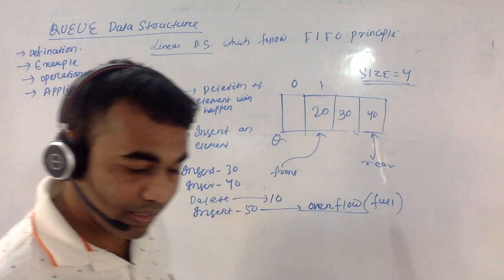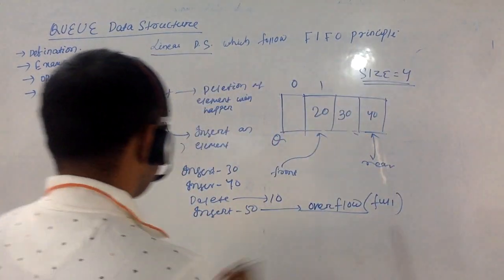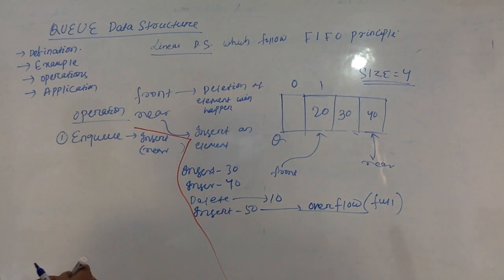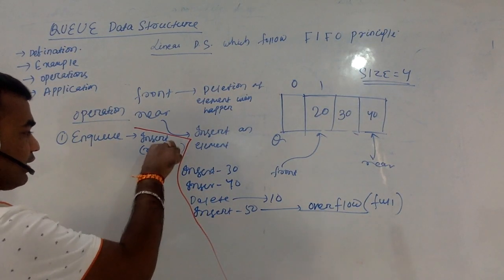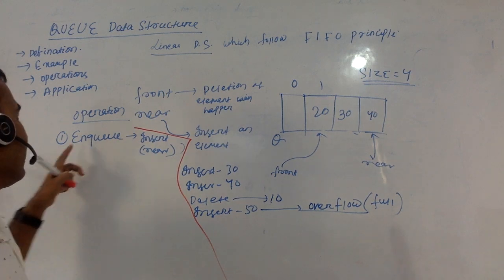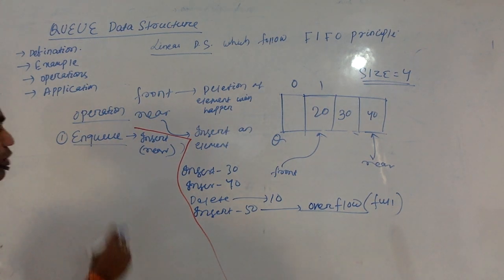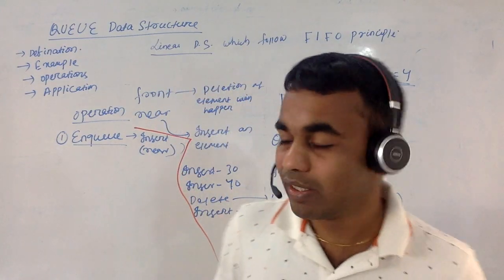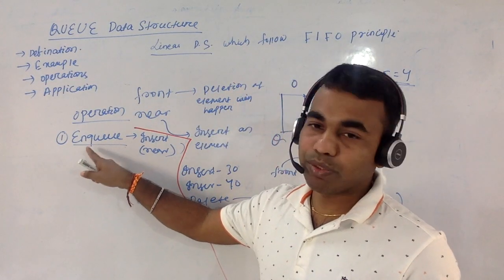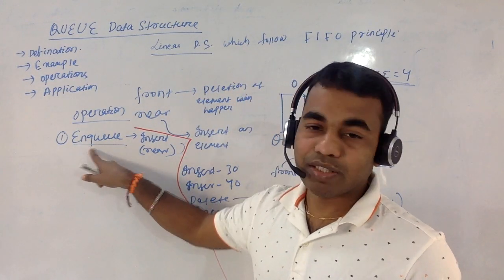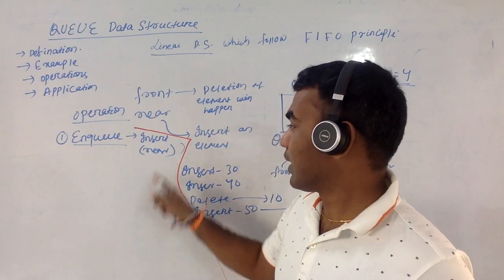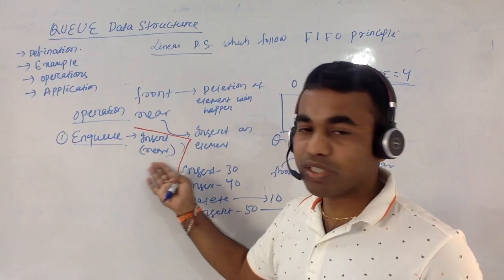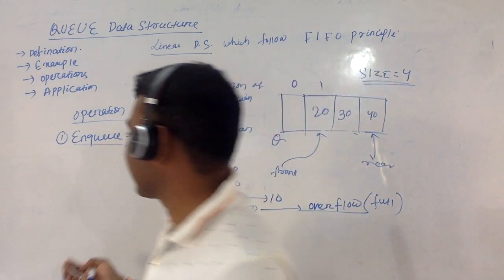Whenever you write the function we'll understand, but the terminology used in the case of a queue is NQ, and it is nothing but insert into the queue. And it will be inserted at the rear end.